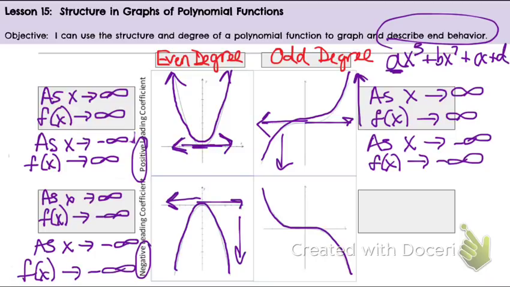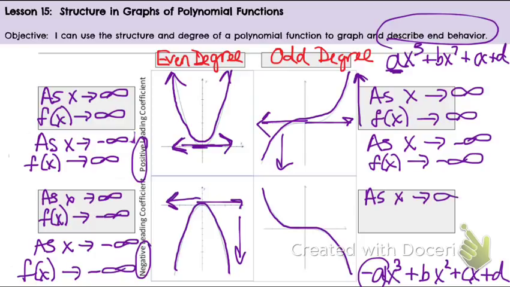If the coefficient of your function is negative, so you have something along the lines of negative ax cubed plus bx squared plus cx plus d, and this number in front of the odd degree is negative, your function will look like this. So as x goes to positive infinity this way, I want you to fill in what f of x is doing.